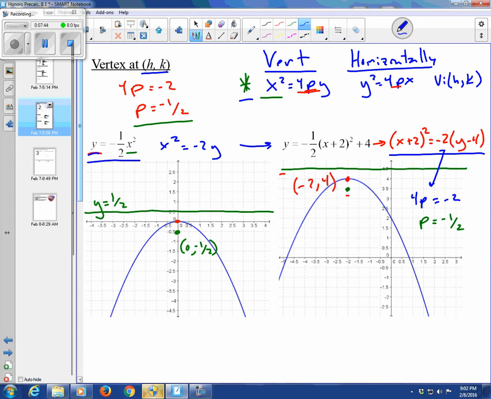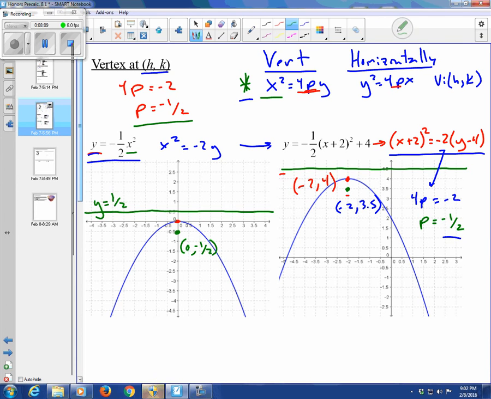So right here, what we can say is that if we go from our vertex the focal length, down negative 1/2, we're going to end up with a focus of (-2, 3.5), which again is going to be (h, k + p), where p is that negative 1/2.